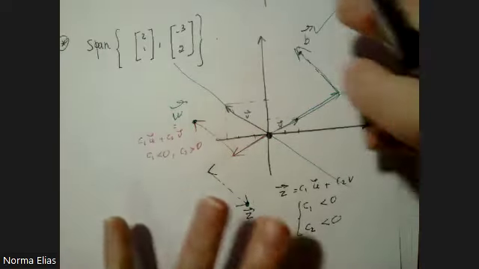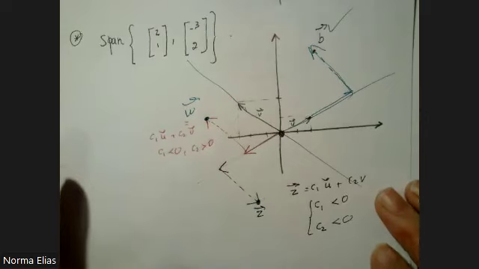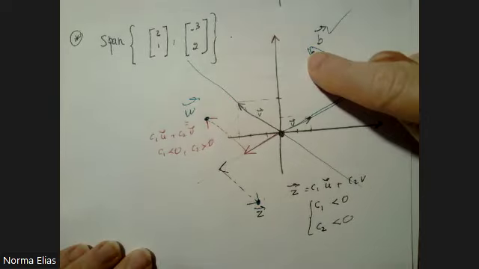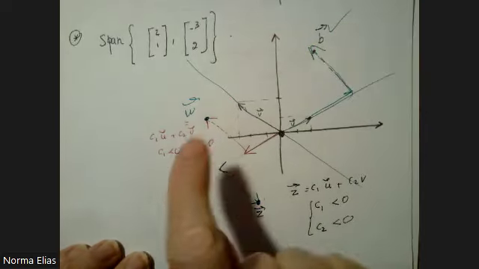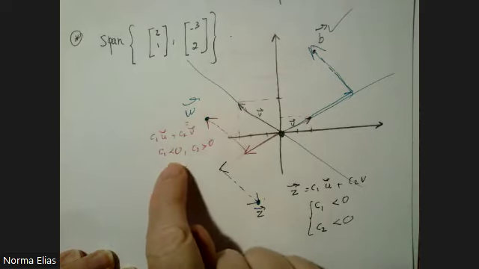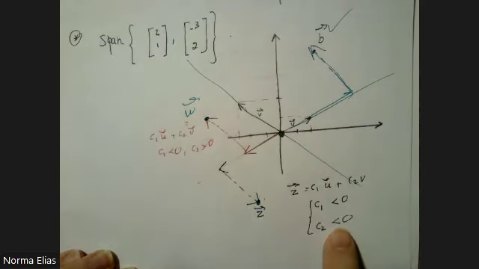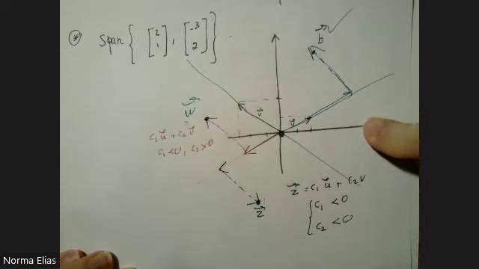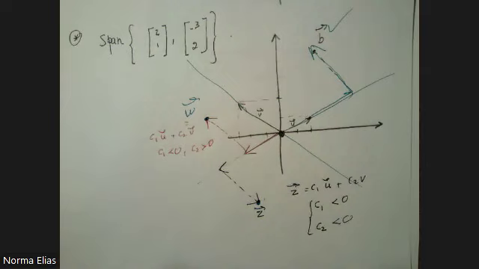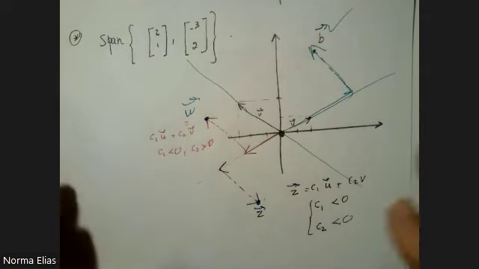This should remind you of the four quadrants in R2. So for the B here, C1 and C2 are positive. For the vector here, C1 is negative and C2 positive; here both of them are negative; and here one is positive, one negative. This definitely should remind you of the four quadrants that we talk about in the regular XY plane.